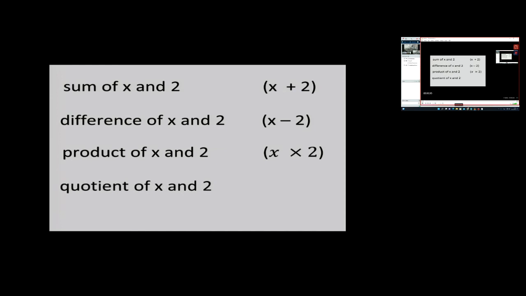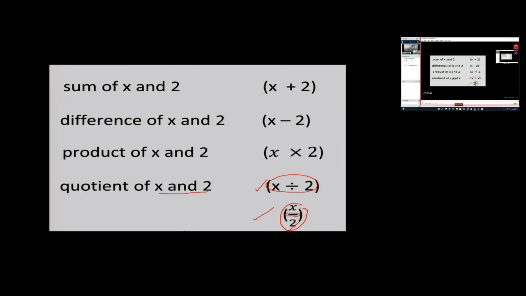And quotient. Quotient is division, okay? You're going to divide. Or normally, when we talk about quotient of x and 2, this is correct, okay? But we are going to use the fraction form.